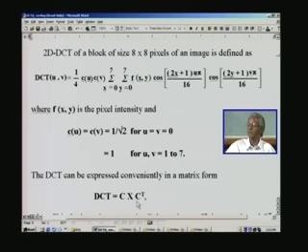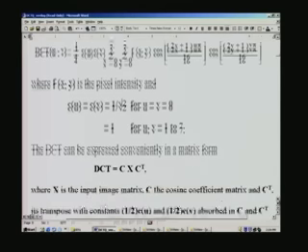Three such matrices will be there, and the first cosine term will get reflected in C, and this will get reflected in another, C transpose, which is nothing other than the same matrix but transposed. What you see as a row there will be a column here, that is what is implied by the transpose.